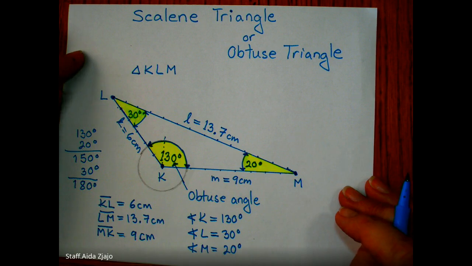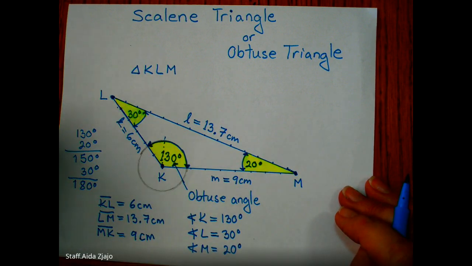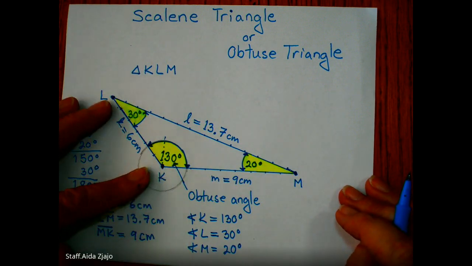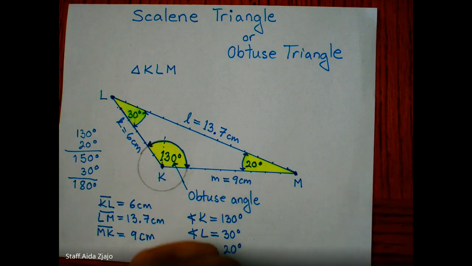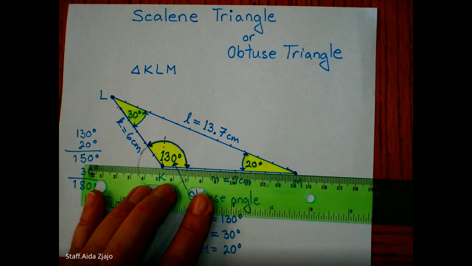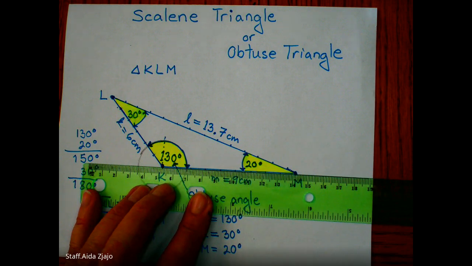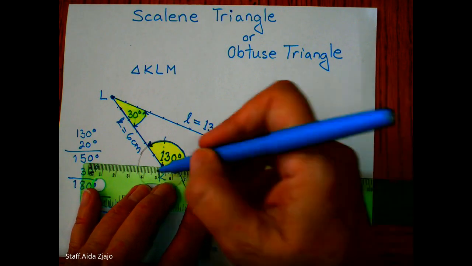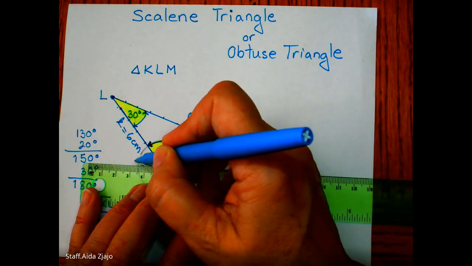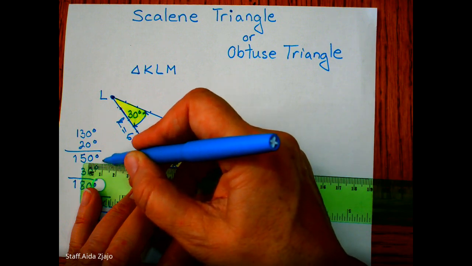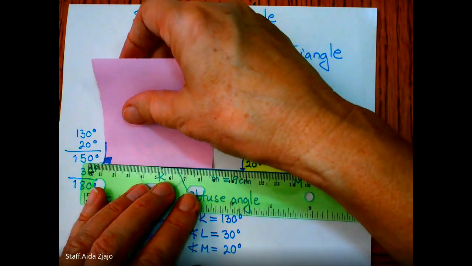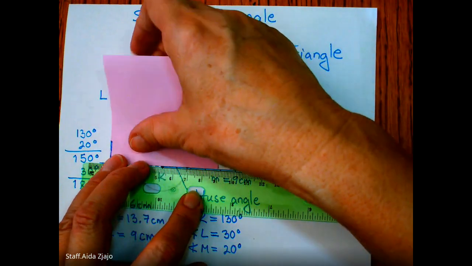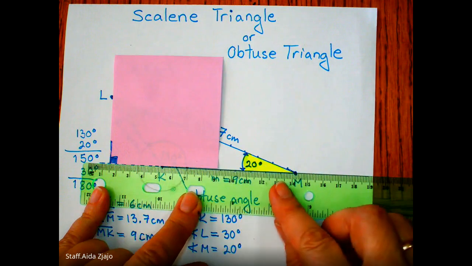Another thing, especially for sixth grade, is how to find the height of this triangle. Kids are very often confused about how to find the height. We can find the height if we extend the line segment KM, for example. We extend it by dashes, and go all the way until we have a perpendicular to the point that is opposite to the line that we extend.